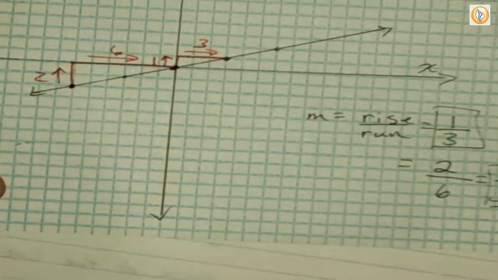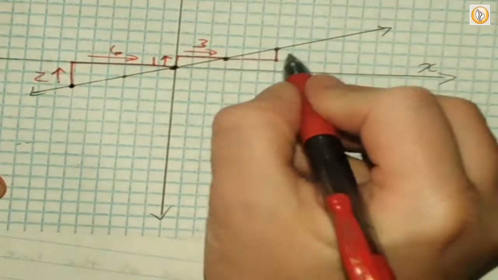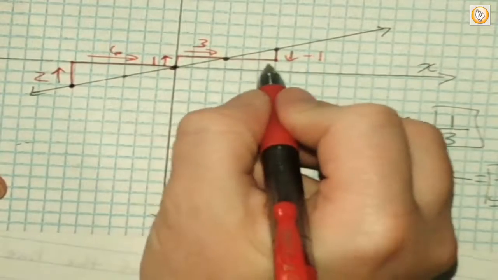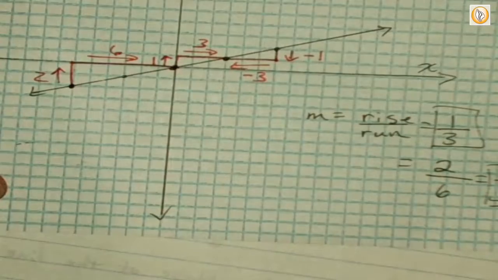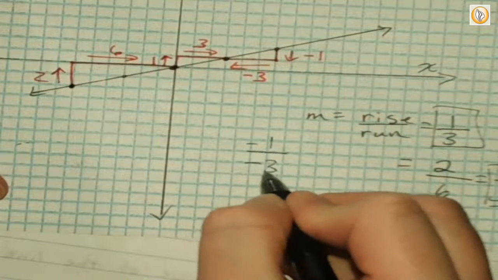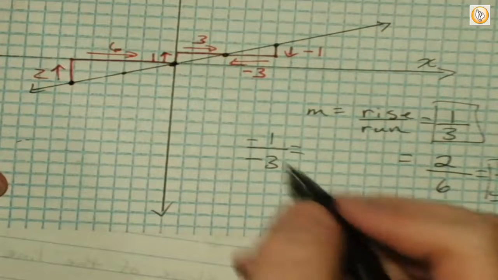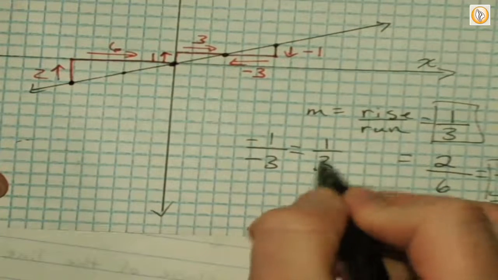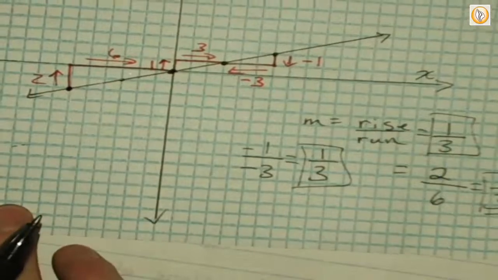Let's say Michaela chose to go down and over to the left. She went down 1, which is negative, and then she went left 3 places, which is negative. That would be -1 over -3. So, Michaela, what would that actually be? Negative over negative. But over here, then why don't we write this?